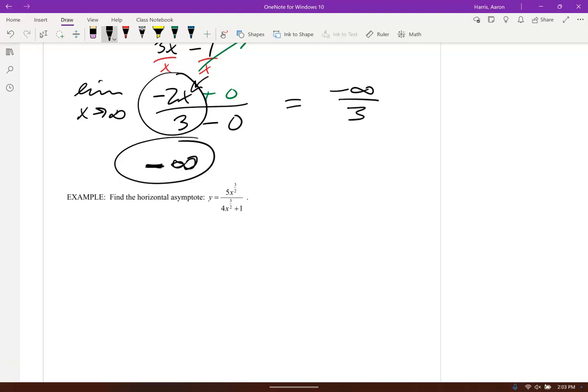This one just says find the horizontal asymptote. Well, if you're finding the horizontal asymptote, you're just taking the limit as x goes to infinity. So we'll divide everybody by that x to the 3/2.